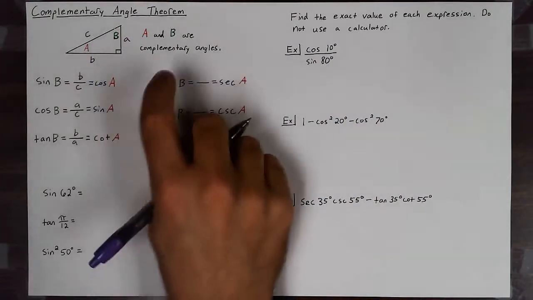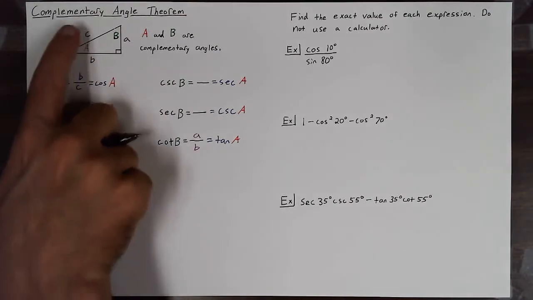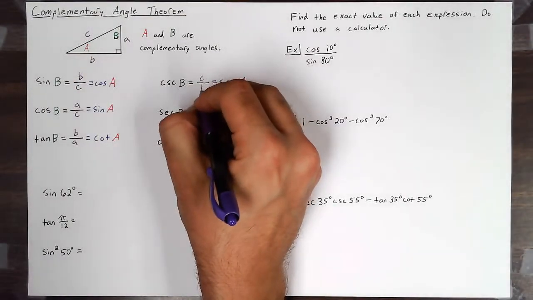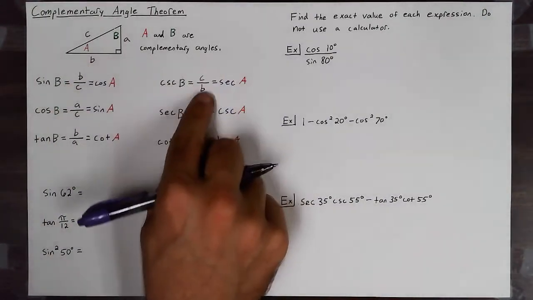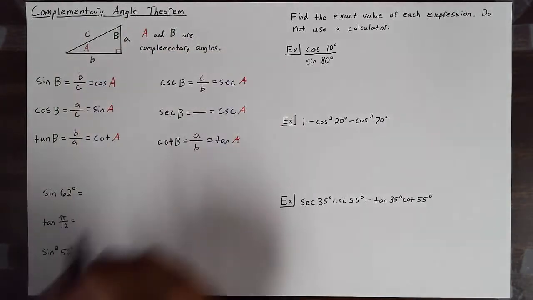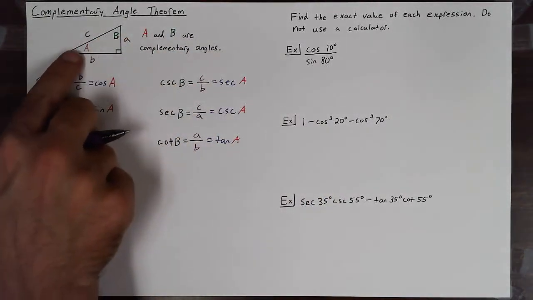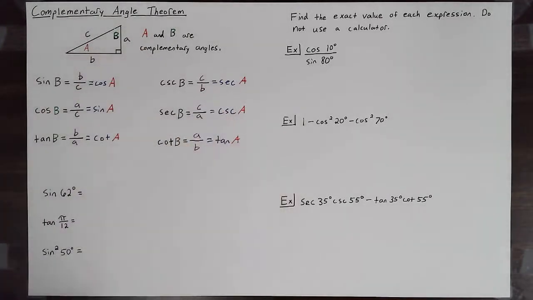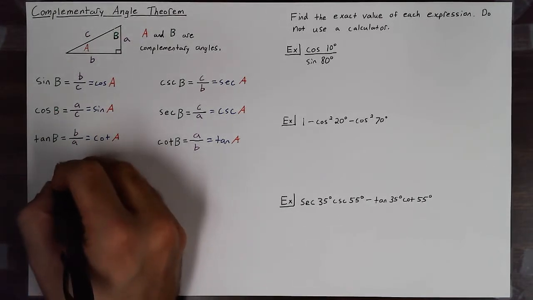And just to check, cosecant of B would be hypotenuse over opposite, so C over B, and secant of A would be hypotenuse over adjacent, which is also C over B. And then secant of B would be hypotenuse over adjacent, so C over A, and then cosecant of A would be hypotenuse over opposite, which is also C over A. So the statement we can make is that cofunctions of complementary angles are equal.